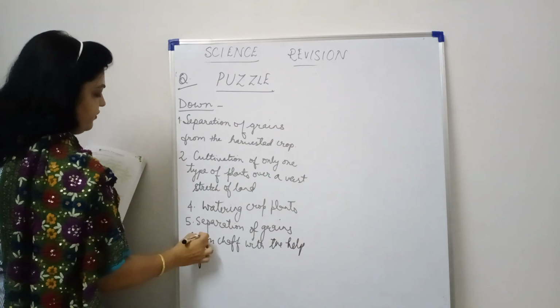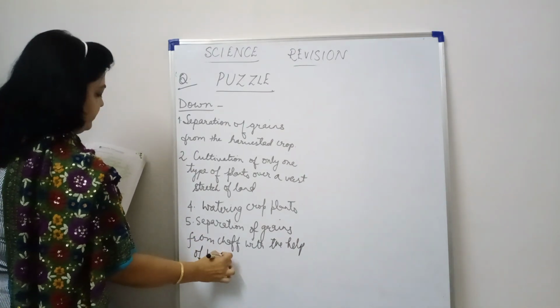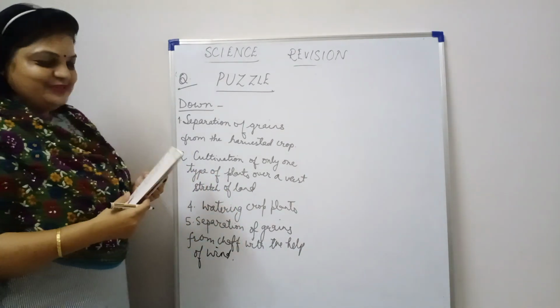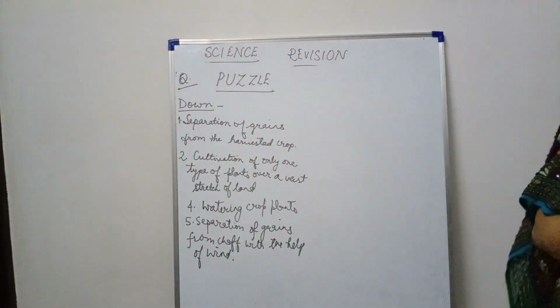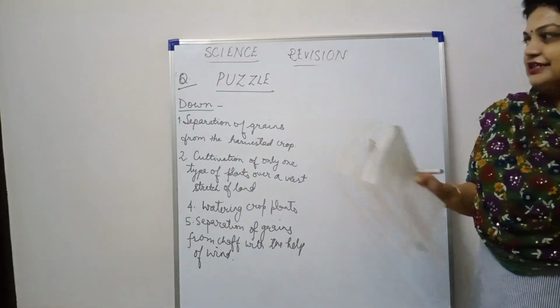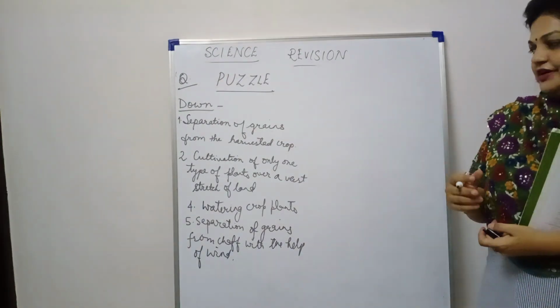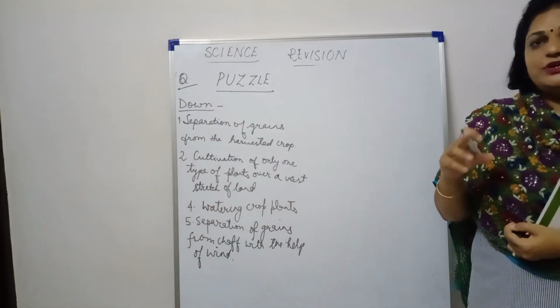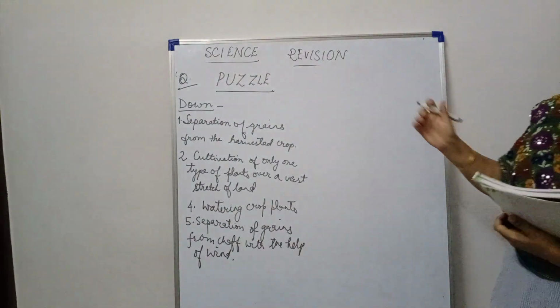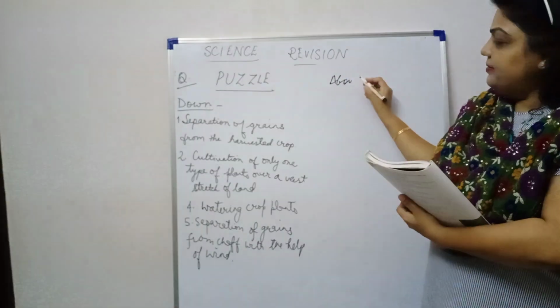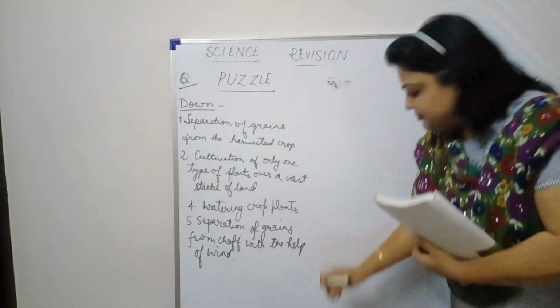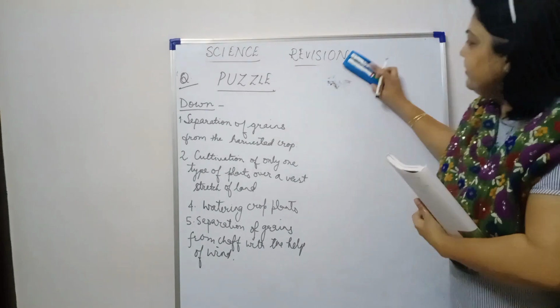I hope all of you have already thought of some suitable answer for all these options. Okay. So these are the down ones. Now some part of crossword I will draw, just complete this much. If you have written, well and good. Otherwise, just pause the video and write them. Okay. In the meantime, I will write for across. So next option will be across.